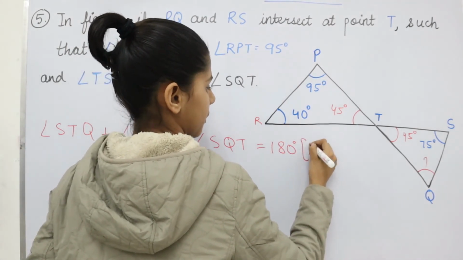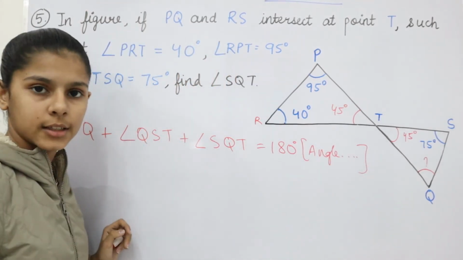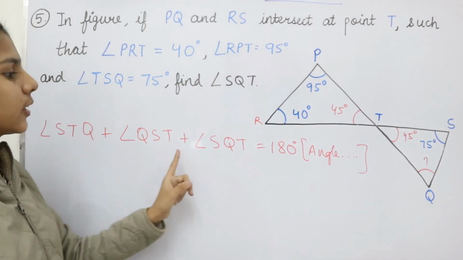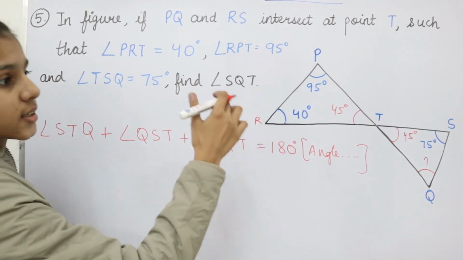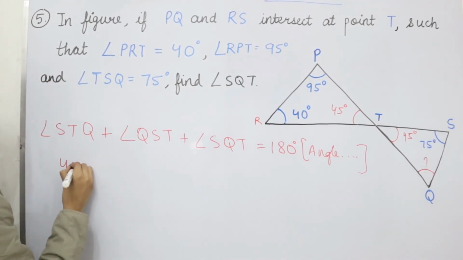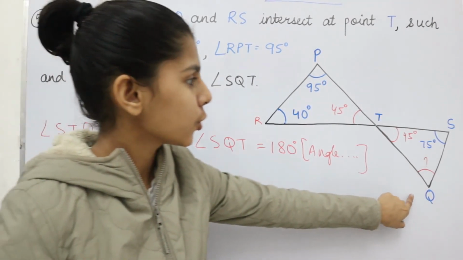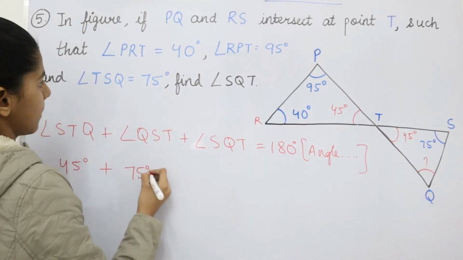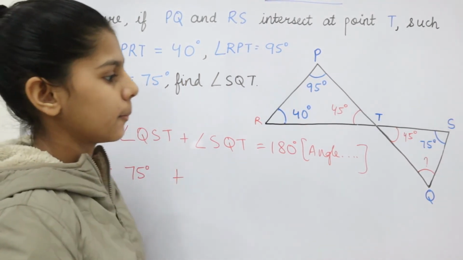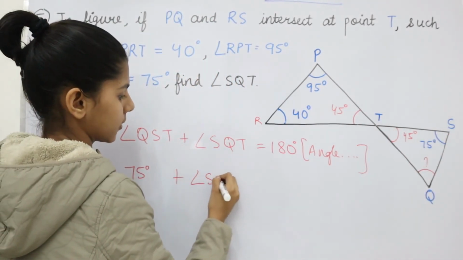And in the bracket we will write angle sum property of a triangle, that is 180 degrees. So all the three angles we add, we will get 180 degrees. STQ is 45 degrees, we will write 45 degrees plus QST, which is 75 degrees, plus angle SQT, which we are going to calculate.